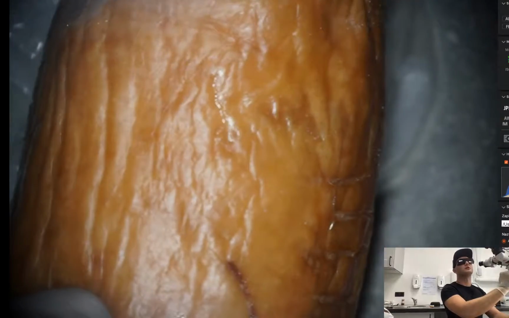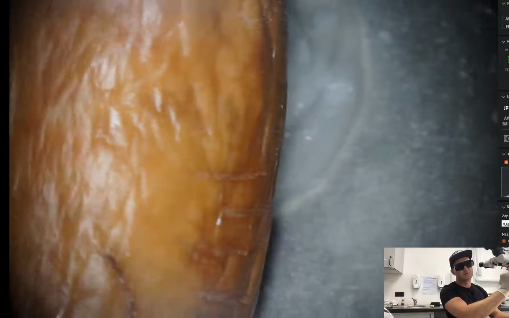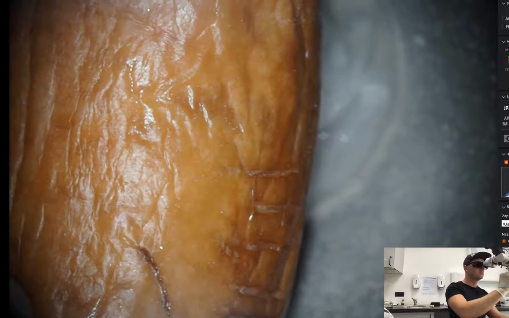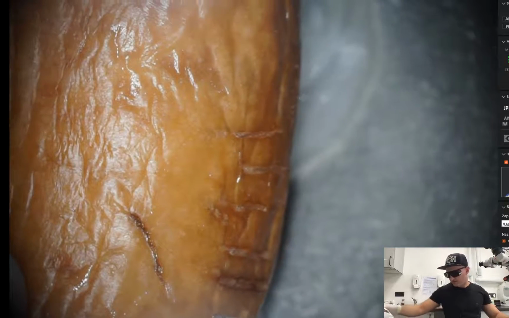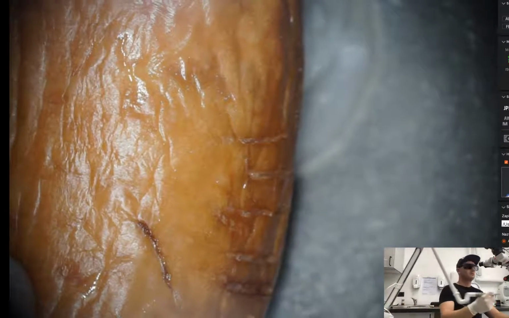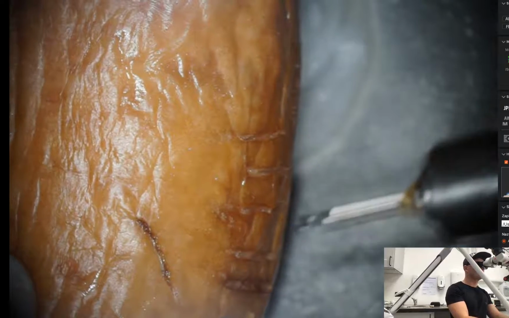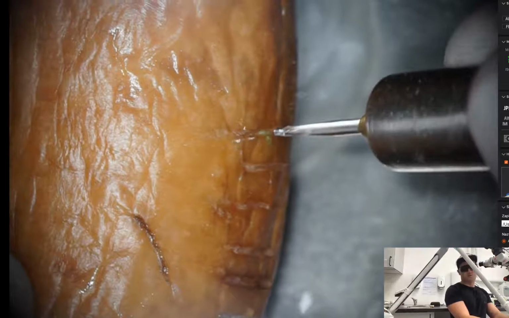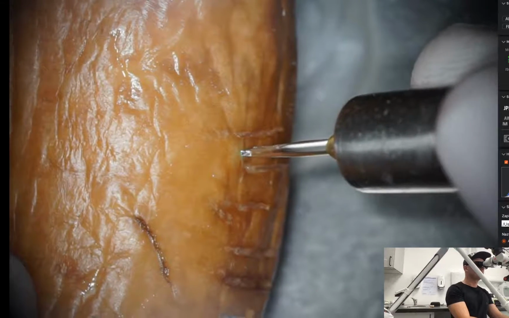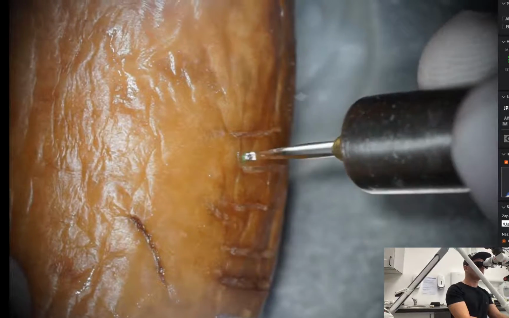Here it is, yes. And again, this is 120 millijoules and 10 Hz, but 600 microseconds pulse duration.